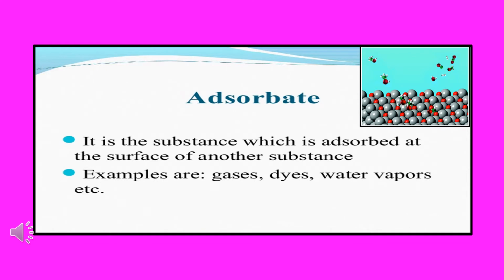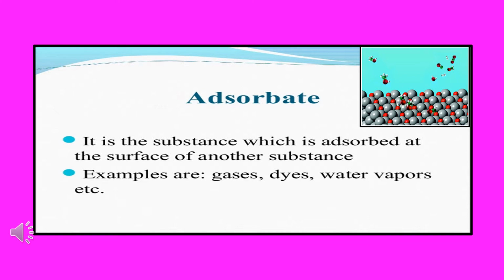Now we will define the other term called adsorbate. Adsorbate is the substance which is going to adsorb on the surface of another substance. That is, adsorbate will adsorb on the surface of adsorbent. Catch my point, students?